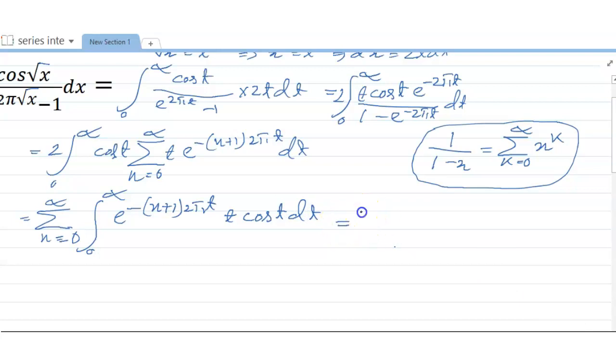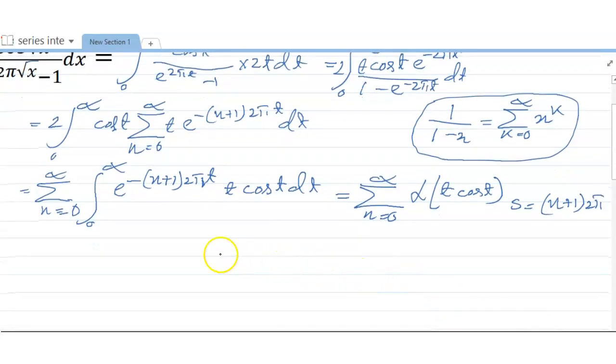So friends, equals summation n equals 0 to infinity of L of t cos t, where s is equal to (n plus 1) into 2 pi.